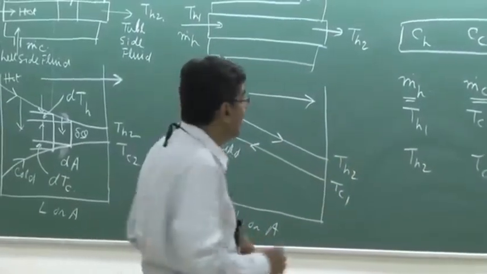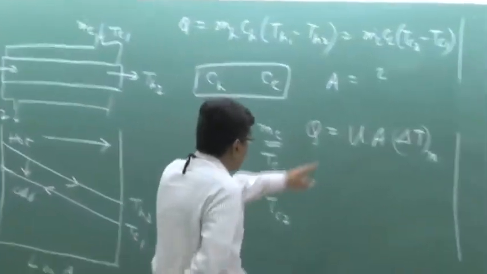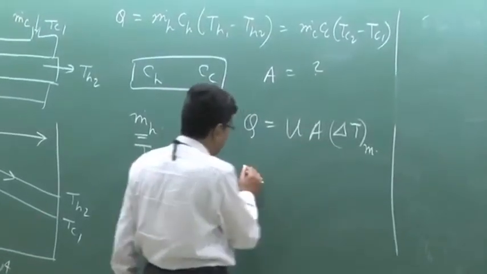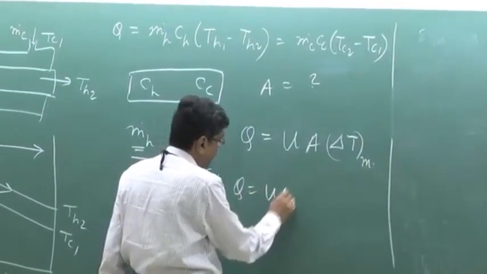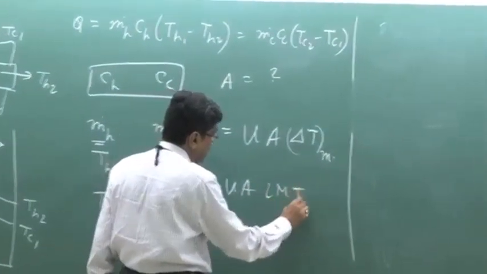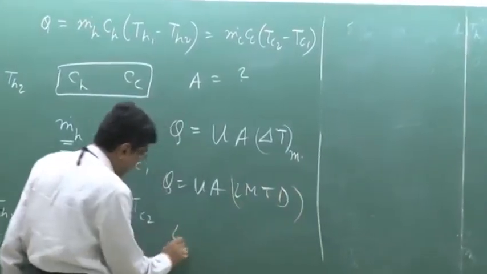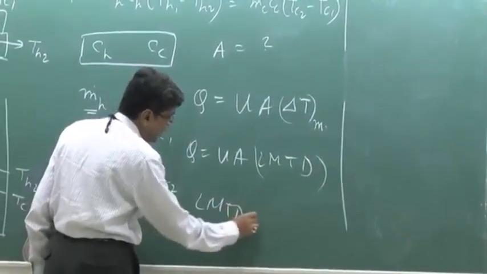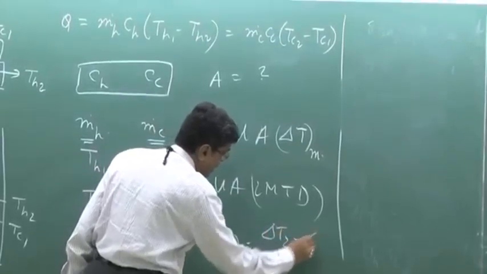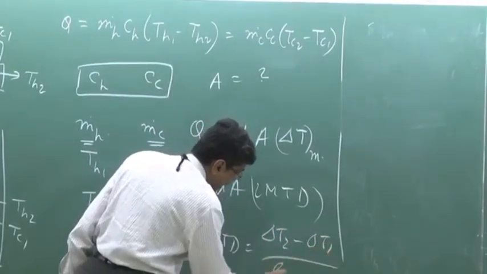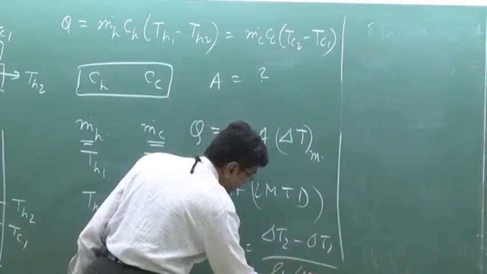But if it is the other way, area is given. Now this delta Tm is the LMTD. And LMTD is what? LMTD is (delta T2 minus delta T1) by ln(delta T2 by delta T1).